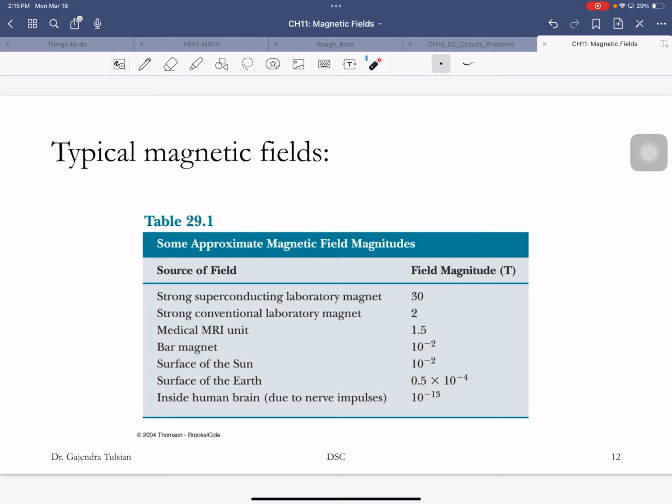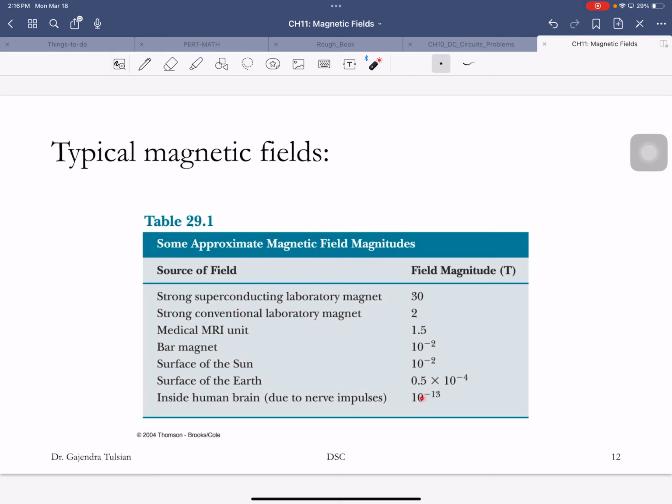Depending on what they're trying to diagnose, they'll tell you what kind of resolution you want. A magnet you buy in a store, the kind you play with, is 1/100th of a Tesla. On the surface of the Earth, it's 1/10,000th of a Tesla.